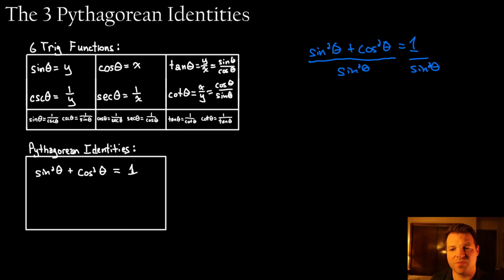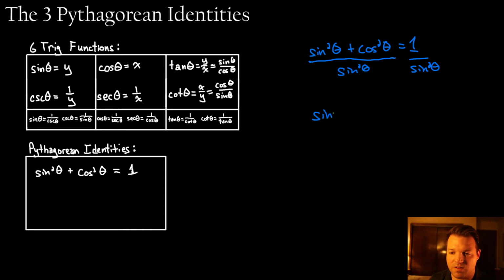So I can break this up now, right? This is kind of like saying x plus y over z. Well, I could break this up into x over z plus y over z. It's the exact same idea, it's just that now we're dealing with the names of these trig functions instead of variables. So let's break this up.